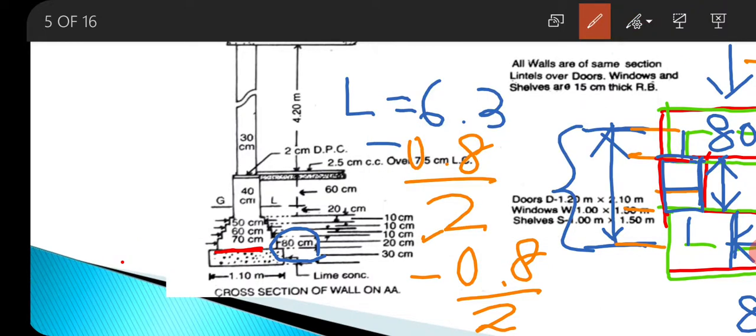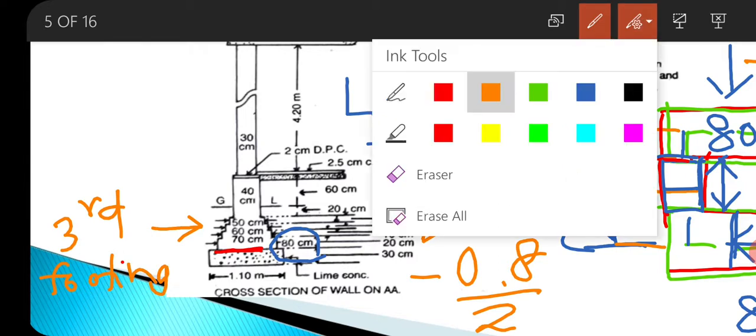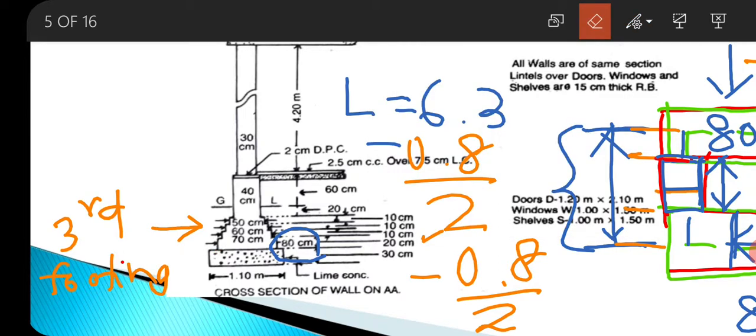So, third footing is this one. Third footing is of width 60 centimeter, and the thickness of third footing is 10 centimeter.